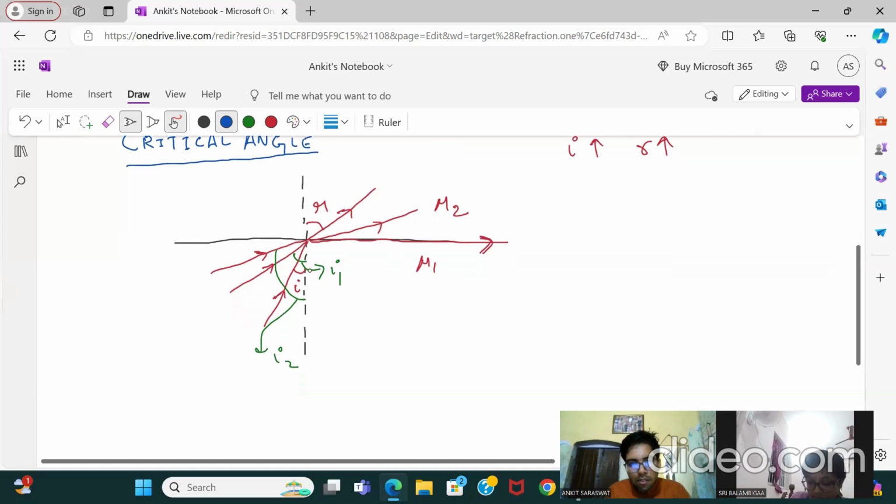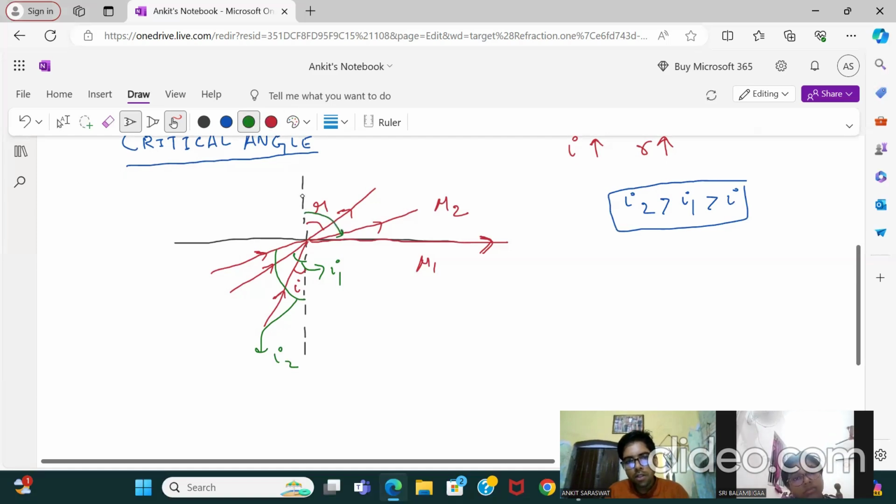Now, did you see one thing, like if I am increasing the value of I, I2 is more than I1 and I1 is more than I. Here this is R, this is R1, this is R2. So I can say directly this R2 is more than R1, R1 is more than R.